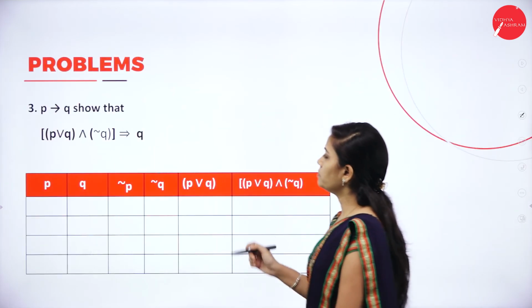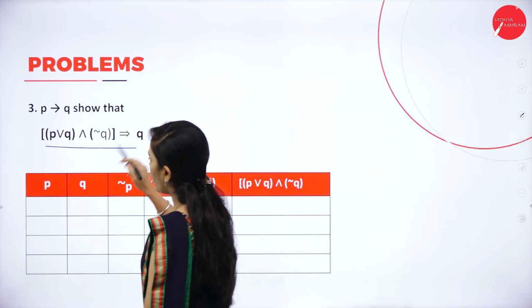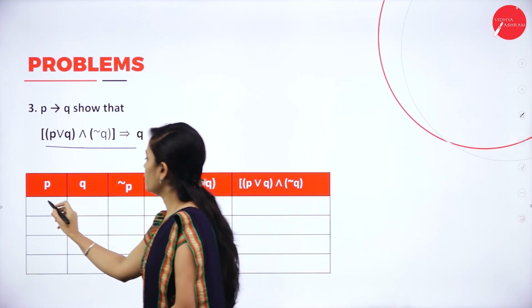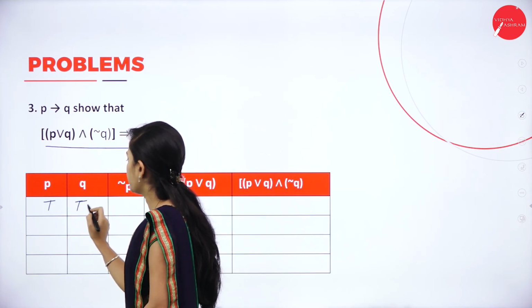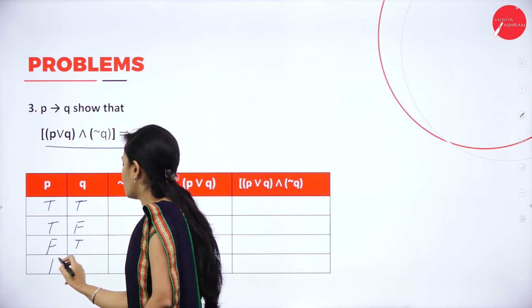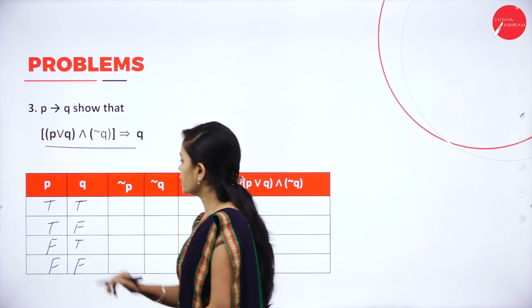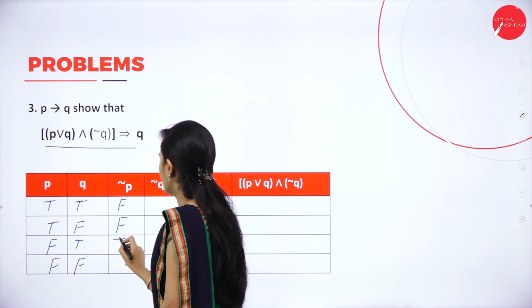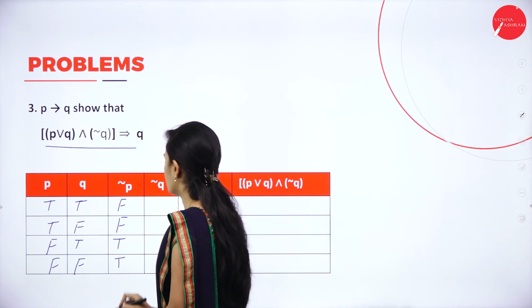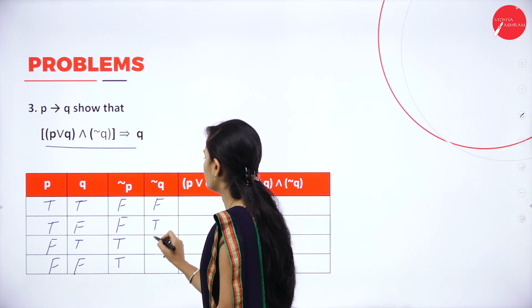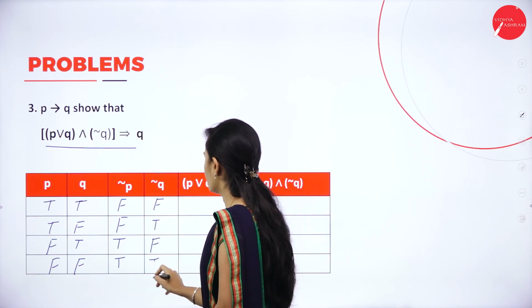And the next problem: (P or Q) and negation P implies Q. Again, first write the truth table: true true, true false, false true, false false. Negation P is false, false, true, true. And negation Q is false, true, false, true.